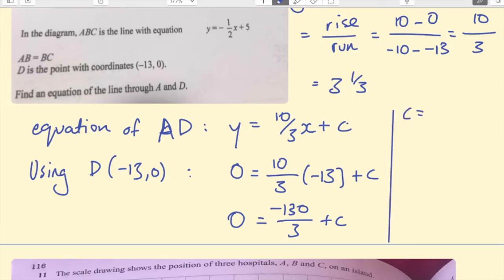And then I need to add that to the other side, so c is going to be 130 over 3, and then if you simplify that, well, 3 goes into 120 40 times, so that's going to be 43 and a third. So the equation becomes y equals 10 over 3 x plus 43 and a third, I believe.